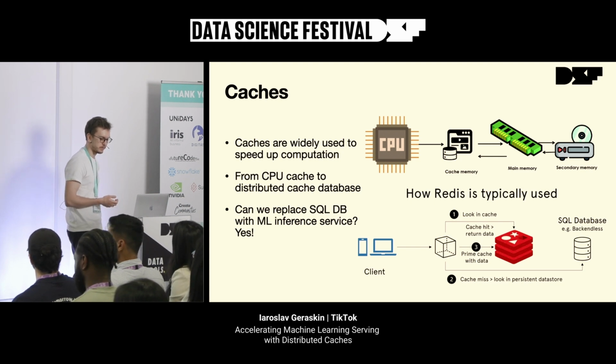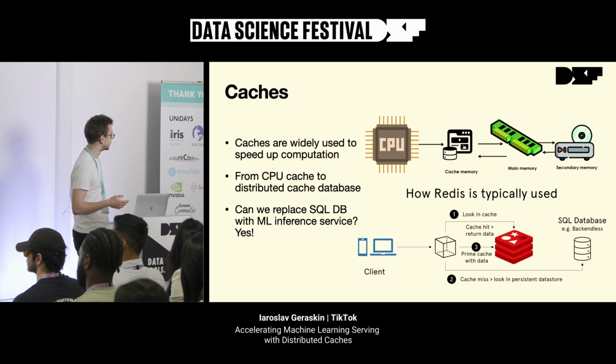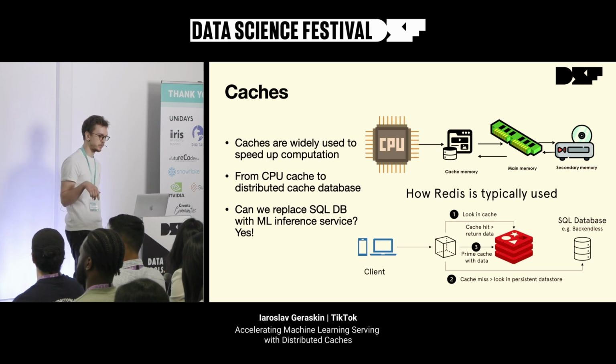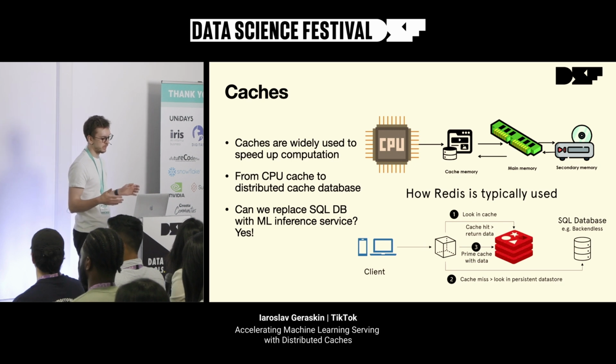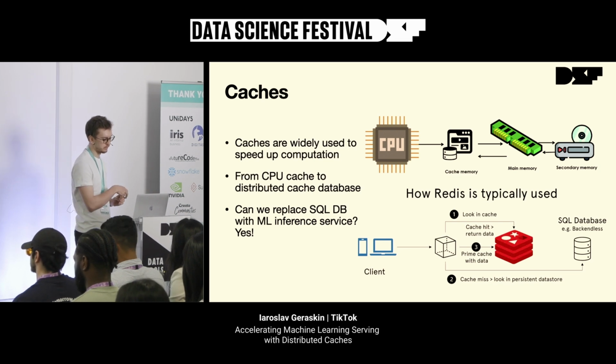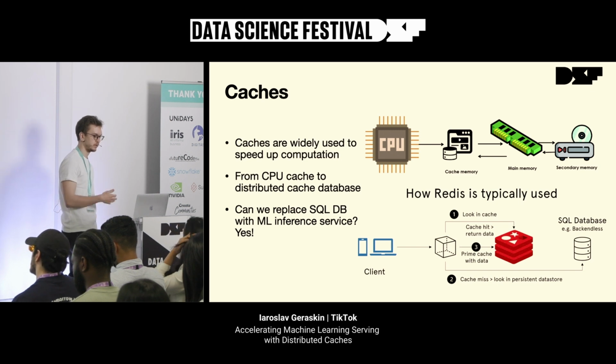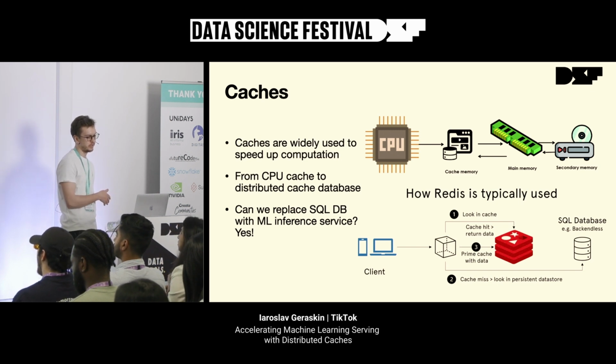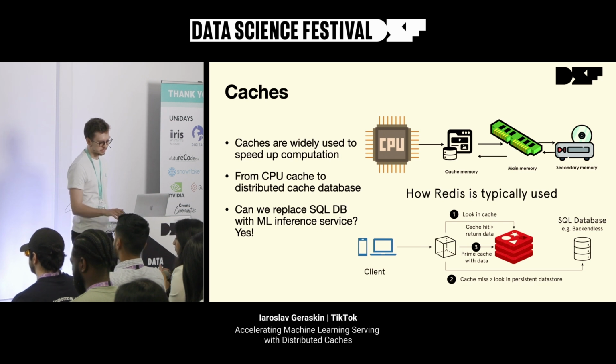These services are used to speed up SQL database queries in a way that you first query data from the fast memory, but the fast memory has less space available, so it doesn't fit all the data. If you find your requested data in the fast memory, then you obtain the results faster. If not, then you query the database as usual.